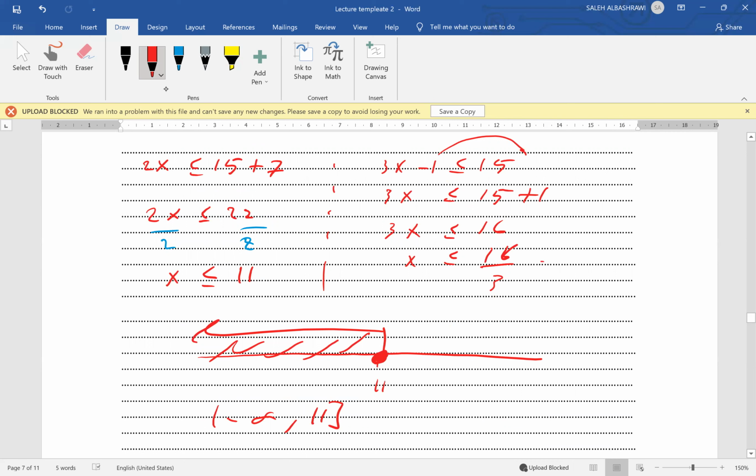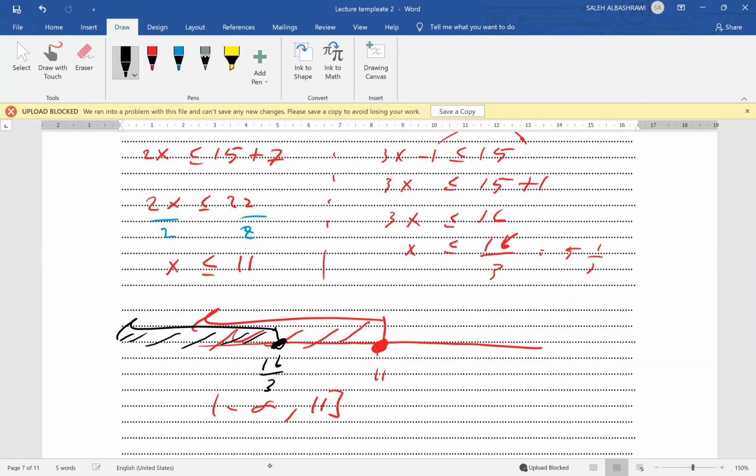This is 11, so 16 over 3 will be somewhere here. So x is less than or equal to, closed, again to the left. So both of them go to the left.